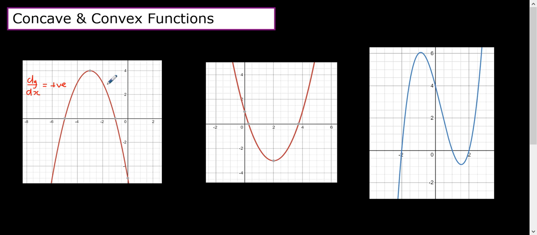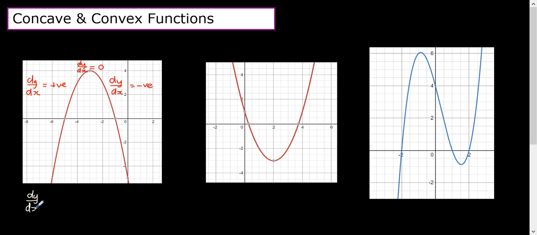And then to the right of this stationary point, any tangent that we choose, the gradient would be negative. Okay, so it's sloping down from left to right, whereas over on the left it's going up from left to right. Right in the middle here, we've got a stationary point, which we already know is where dy by dx equals 0. Now what we're interested in here is the behavior of the gradient.